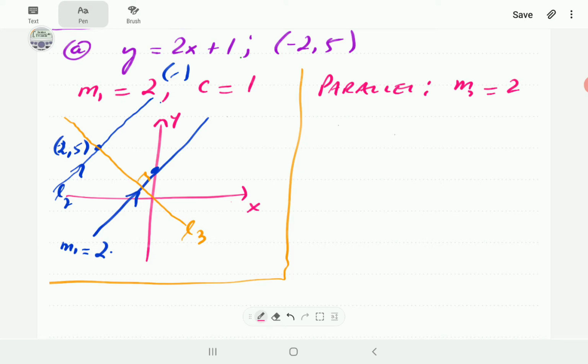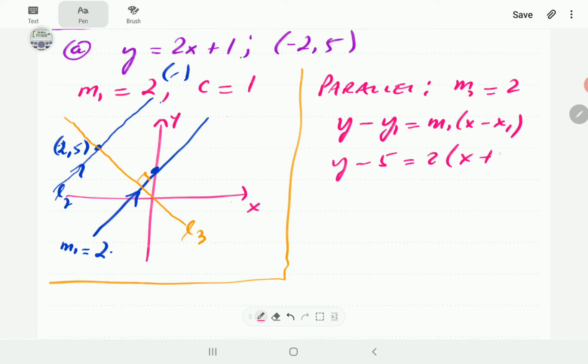Now since it goes through negative 2, 5, we are going to use the one-point form of the equation of a straight line. y1 is 5, m is 2, x1 is negative 2, so that becomes y minus 5 equals 2 times x plus 2.